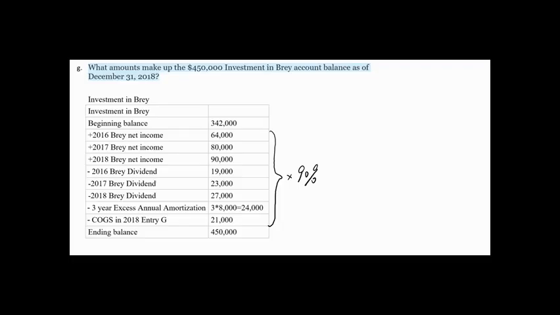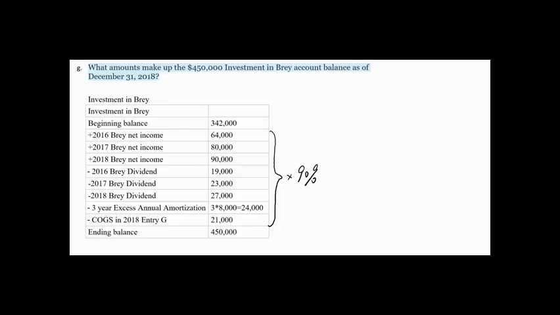Normally the way we update this investment account is to use the beginning balance, plus any net income reported by Bray, minus dividends paid by Bray, and also adjust for the excess annual amortization, and then also minus any other expenses related to those intra-entity activities if the subsidiary is the seller. In other words, if it's an upstream transfer, then we need to consider those gains or losses or those unrecognized gross profits as part of the adjustments we need to take care of.